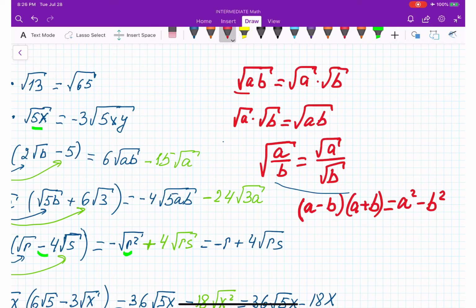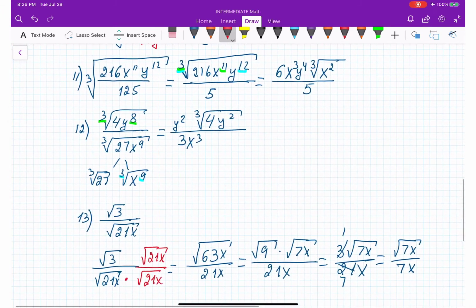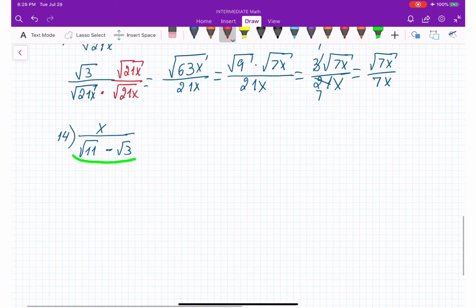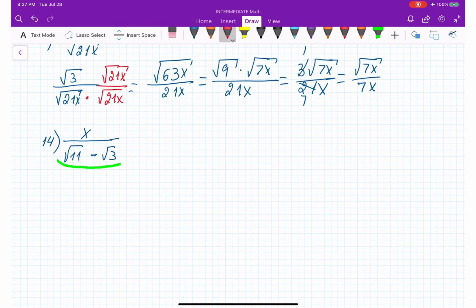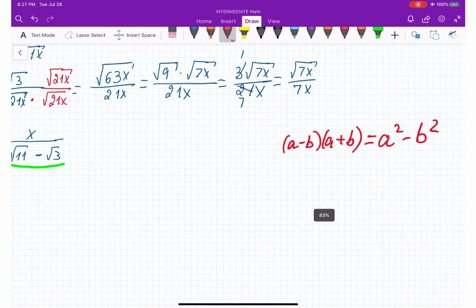Difference of squares. Okay, let's go back. So I'm going to write down here also, just in case, because we are going to use it, so it will be right in front of us. A minus b times a plus b is equal a squared minus b squared. Okay.